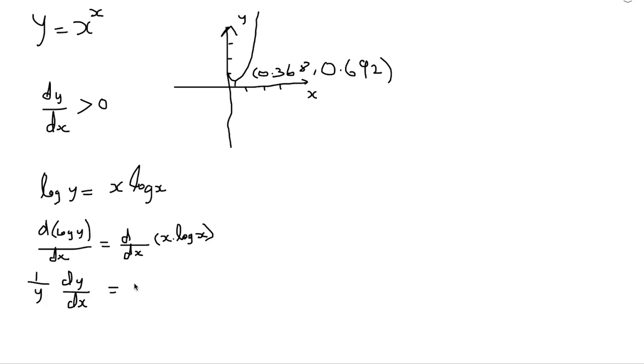This is also a known rule in differentiation. So d by dx of x, differentiated, with log x just staying there, because in the next term we will be differentiating only the log x.